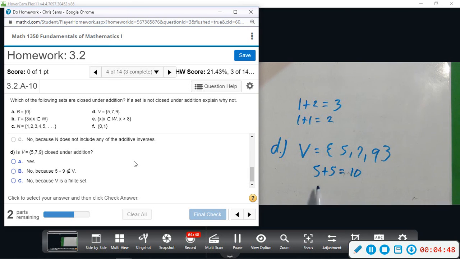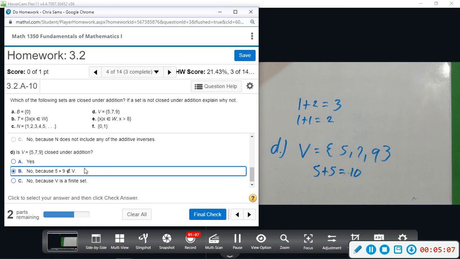And it would work for any number. I could add any two numbers in this set and I would not get something that's in this set. Because if you add any two numbers in here and you get something that's not in the set, it's not closed. So this one is not closed because, for example, 5 plus 9 is not in there.